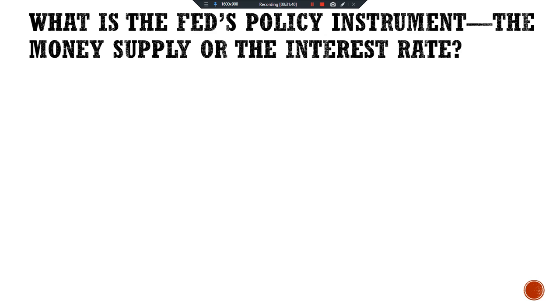By contrast, when the media report on changes in central bank policy, they often just say that the central bank has raised or lowered the interest rate. So which is right? Even though these two views may seem different, both are correct, and it is important to understand why this happens.